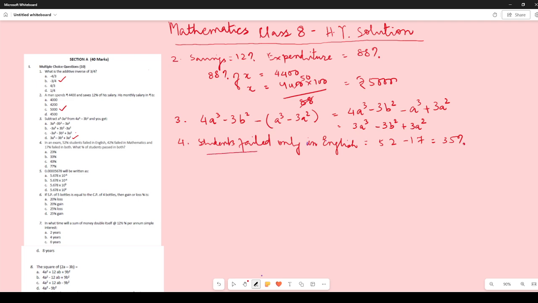Now students failed only in mathematics will be equal to 42 minus 17, that is equal to 25%. Right? Students failed in both will be equal to 17%. It is already given.